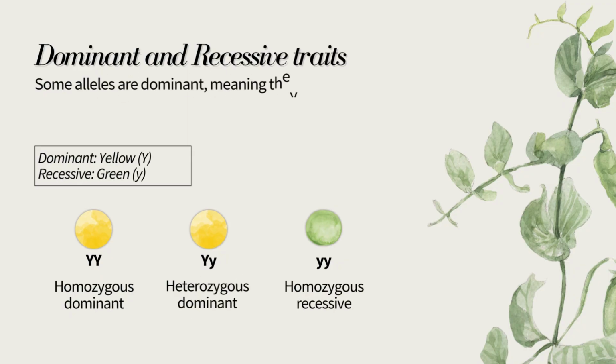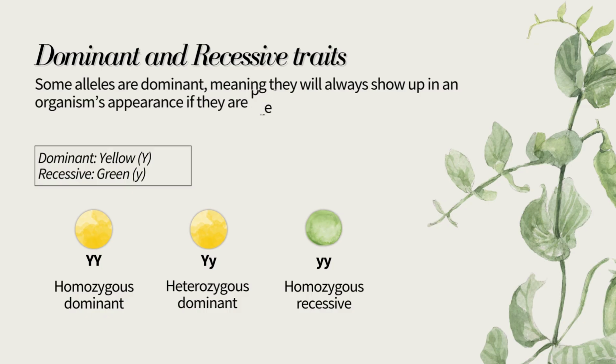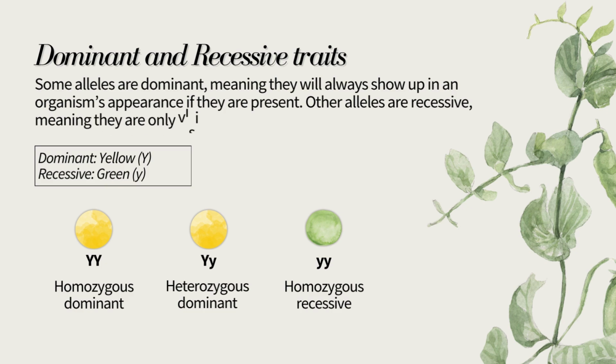Dominant and recessive traits. Some alleles are dominant, meaning they will always show up in an organism's appearance if they are present. Other alleles are recessive, meaning they are only visible if both alleles are recessive.